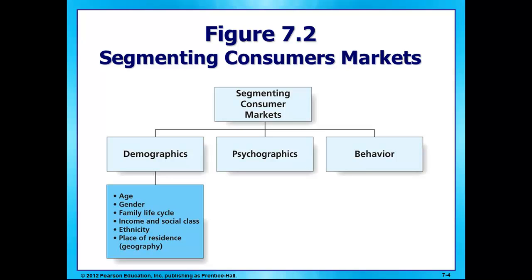If you need to review social class from Chapter 5, please do so. Ethnicity is another commonly used demographic variable. And geographic location, specifically area of the country, if we take a U.S. focus, or even zip code.